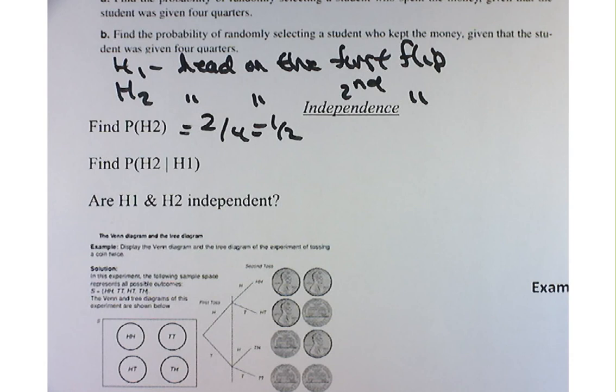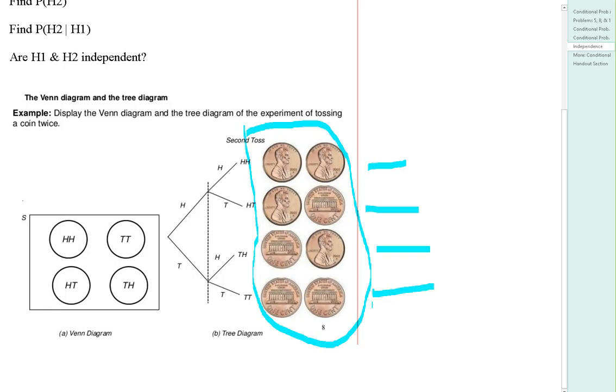Now, what would change in the probability if I said, psst, I'm going to tell you a secret. I got a head on the first flip. How would that change things? Well, if I told you I got a head on the first flip, you now have what's called a new sample space. Instead of all 4 of these possibilities, you've only got these 2.